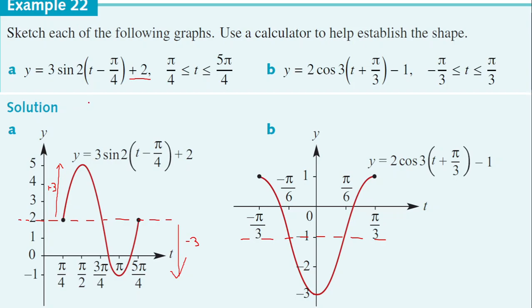So your range is from negative 1 to 5. Here, negative 1 minus 2 is negative 3, and negative 1 plus 2 is positive 1. So here's your range for the cos function.